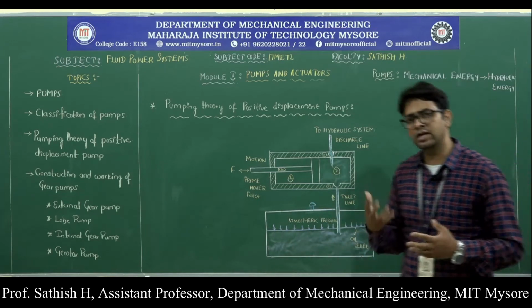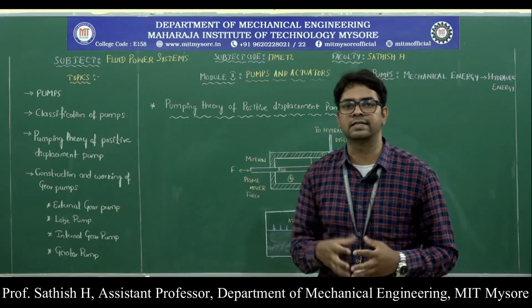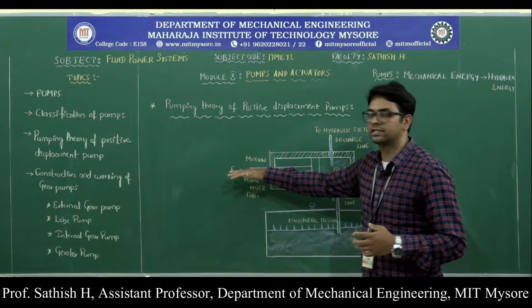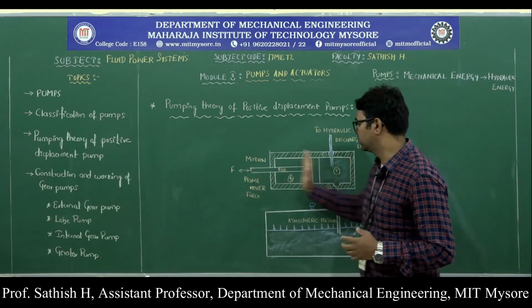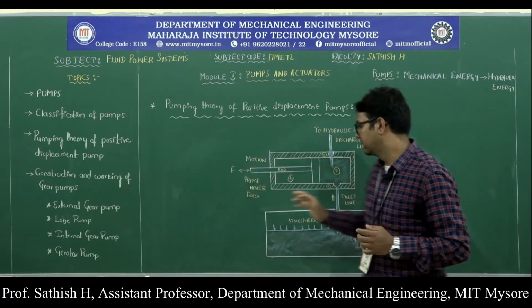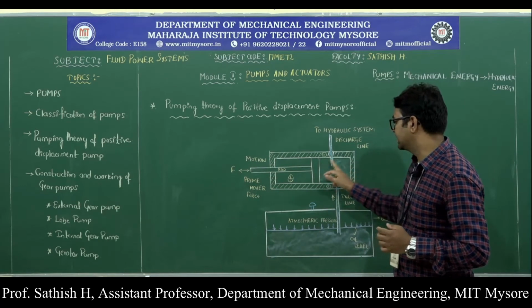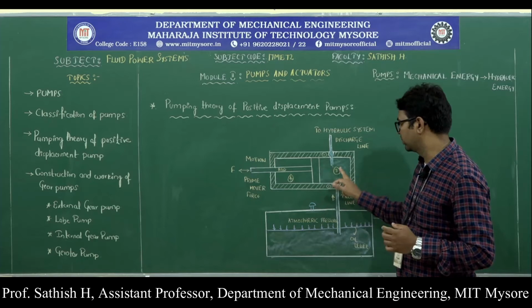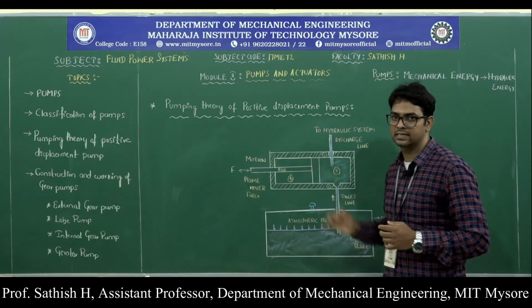Coming back to the operation, how does it function? When the prime mover starts to operate, the piston moves towards the right side. The volume inside this cavity, which I have numbered 3, increases.